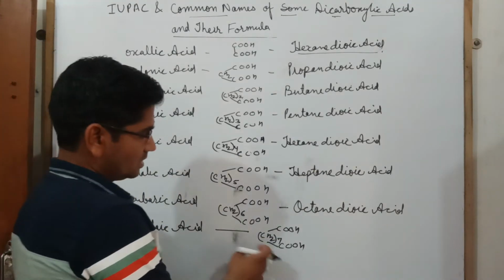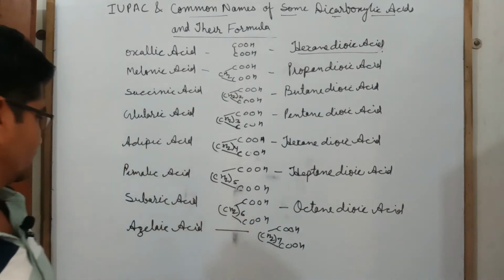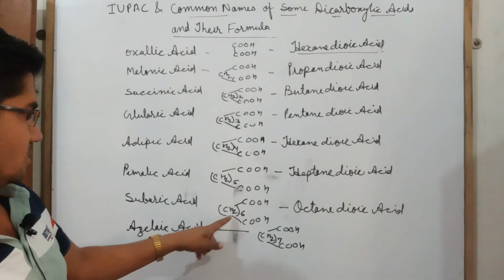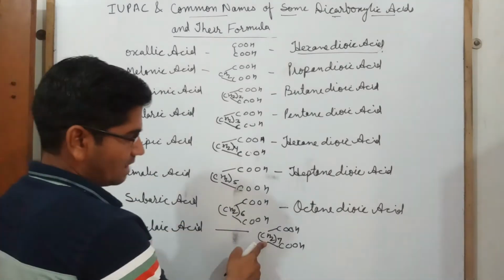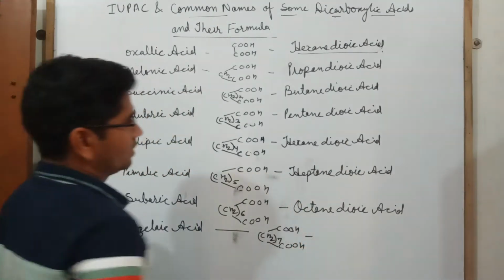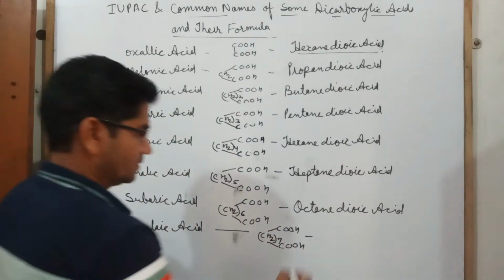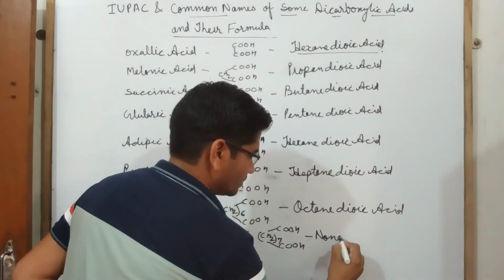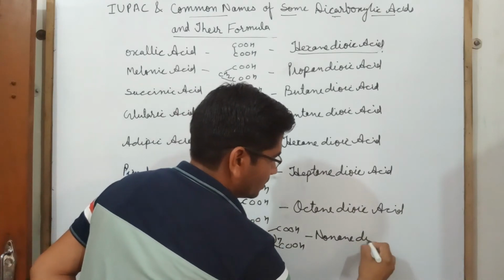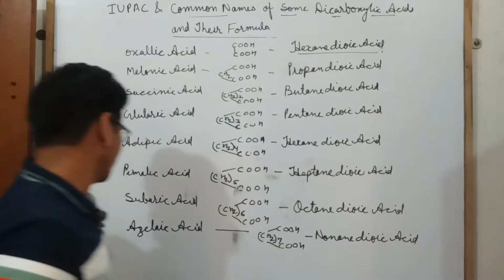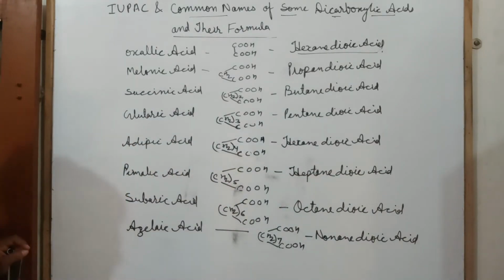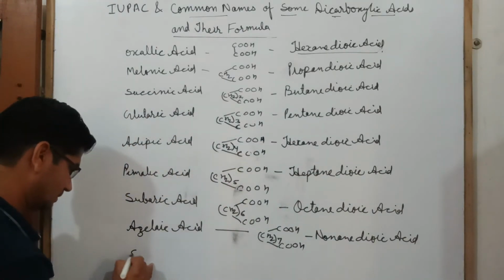And the IUPAC name, the number of carbons is 7, 8, 9. So it will be nonane dioic acid.